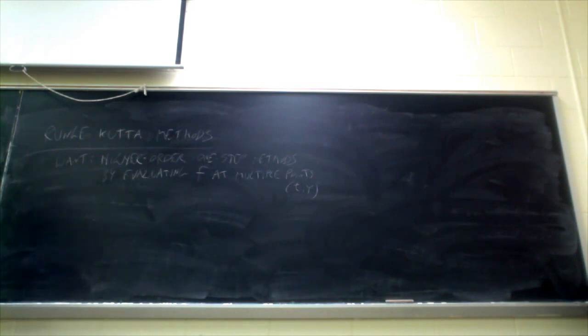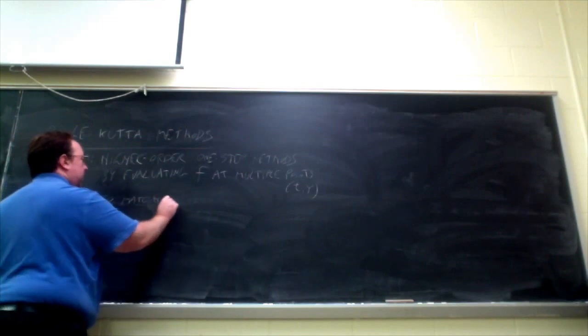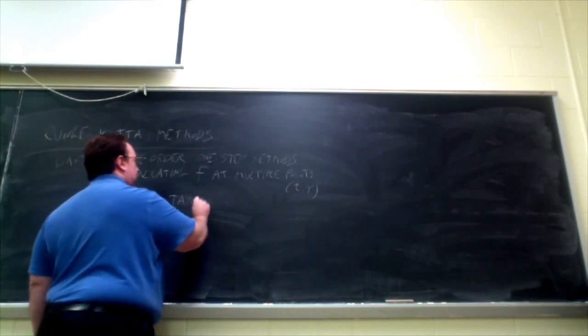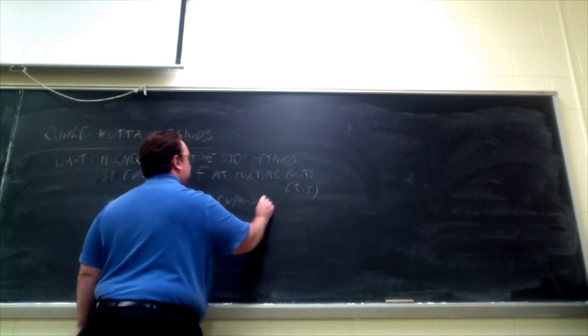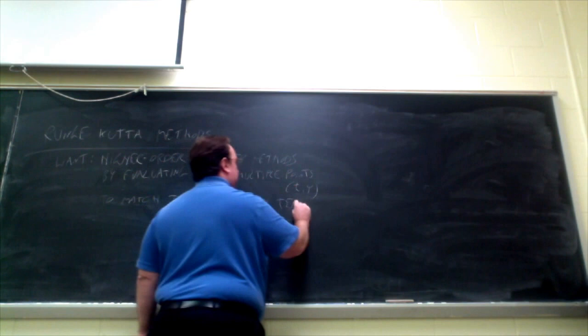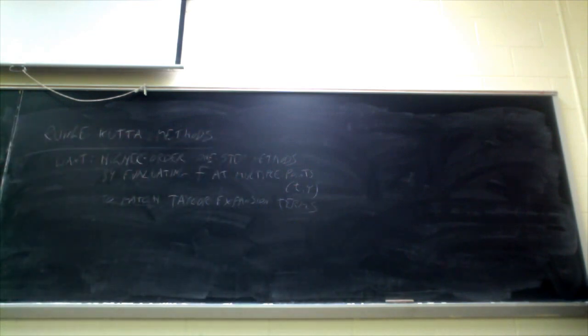And we do this in such a way as to match more terms in a Taylor expansion. Euler's method used a Taylor expansion. It just matched the first term, y prime equals f of (t, y), and then the next term, the second derivative term, was the local truncation error.